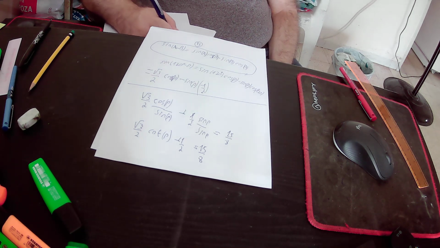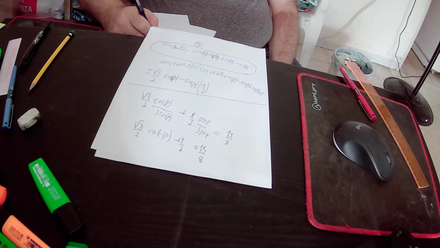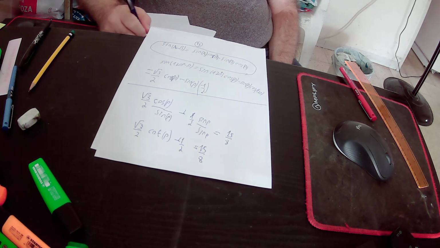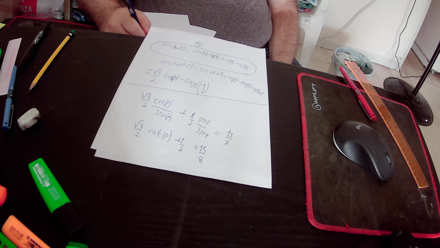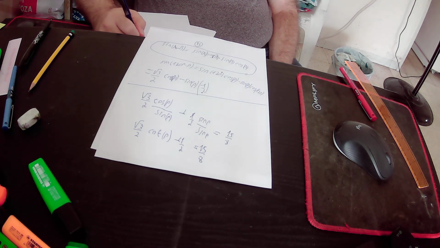We get root 3 over 2 times tangent p plus 1 over 2, which is 4 over 8, equals 15 over 8.